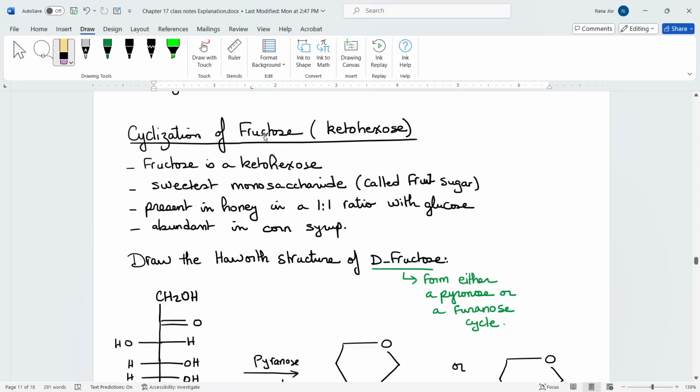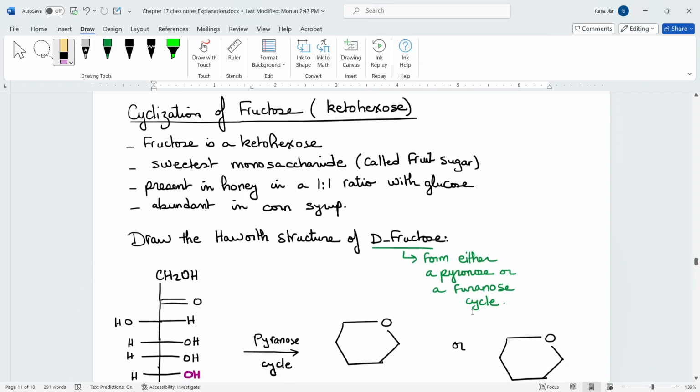Now for fructose, this is the only ketohexose that we are going to consider. This is the sweetest type of monosaccharide. It is a fruit sugar. It is found in a 1-to-1 ratio with the glucose in honey, and it exists in both cyclic representations as pyranose or as furanose.